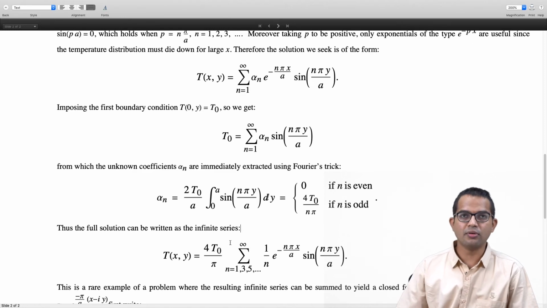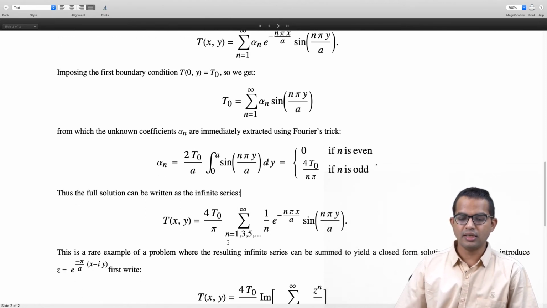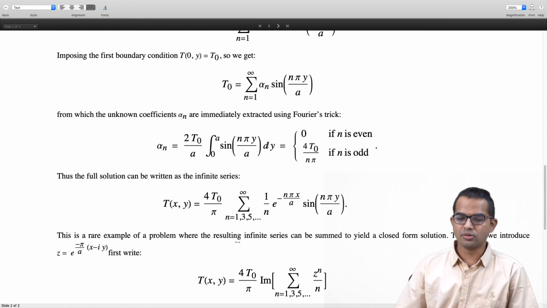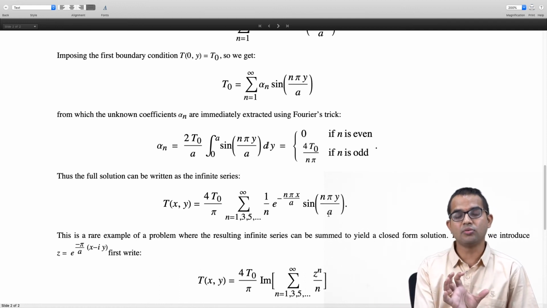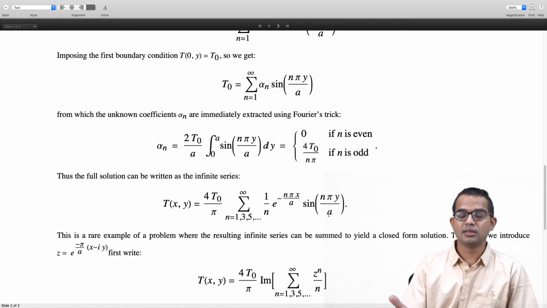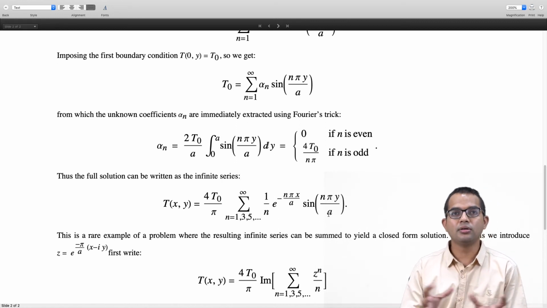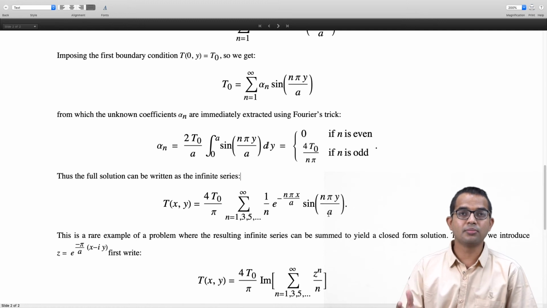The way to work out this infinite series is to look at this quantity z. So you have sine of n pi y by a. Whenever you have a series in sines, it's convenient to also consider the same series with cosines instead of sines, and then take the term involving cosines plus i times the term involving sine, and then you conveniently write down cos theta plus i sin theta as e to the i theta, and then you will have these exponentials.